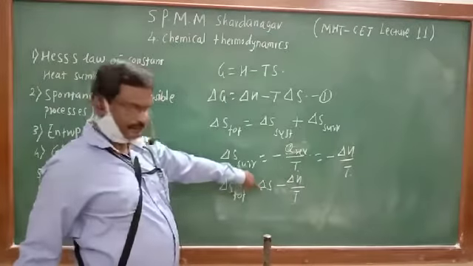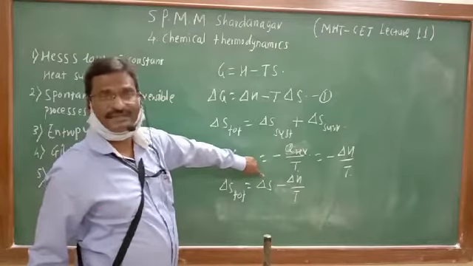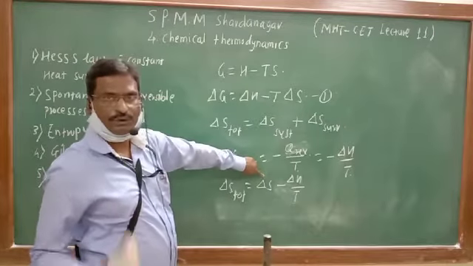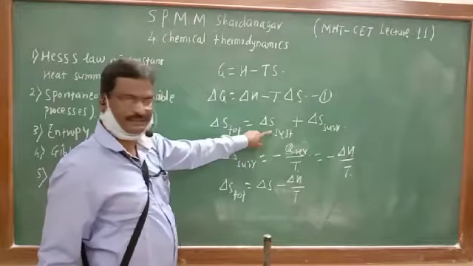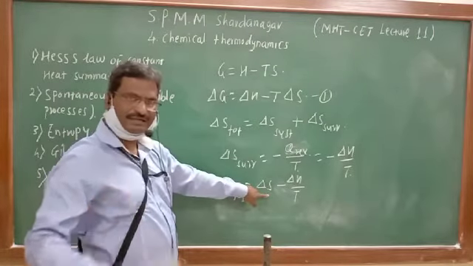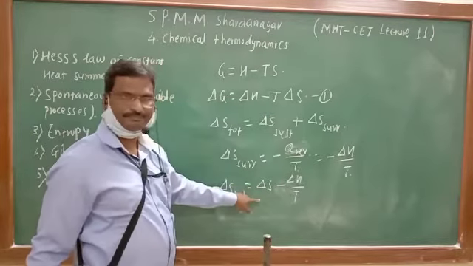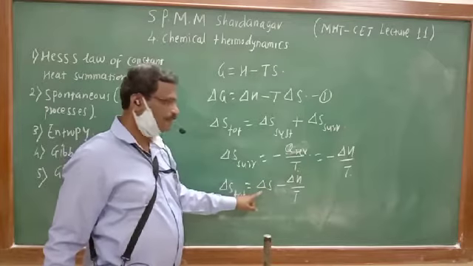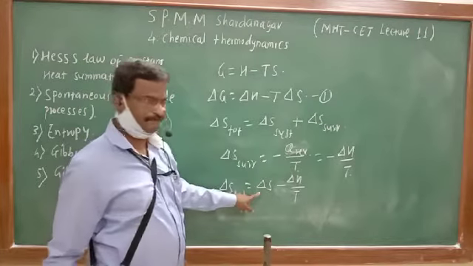This delta S indicates the entropy of the system. Even though it is not indicated here, I have not written the subscript for system, still it is considered that this is the entropy change of the system. If nothing is indicated, that is the entropy of the system.